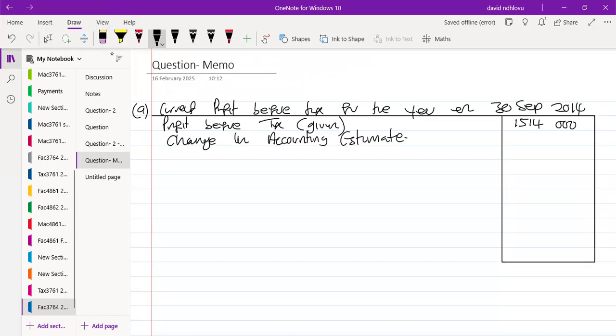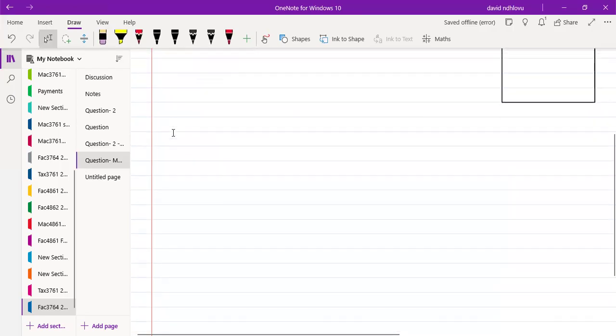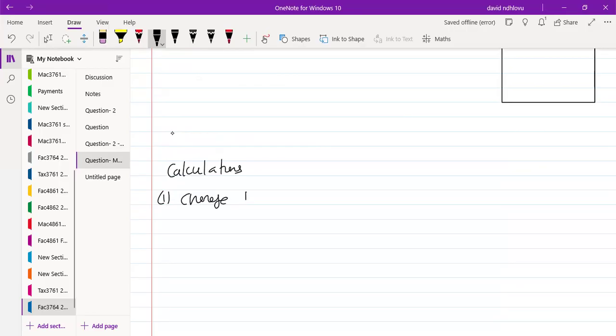Let's go to the calculations and see how this is supposed to work out. So we're looking at the change in accounting estimate.